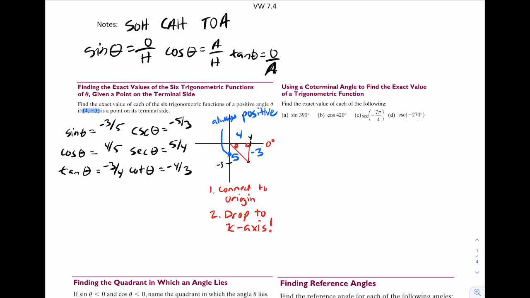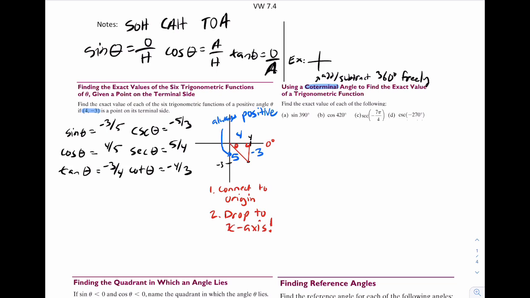Now for our next part, it says using a coterminal angle. So highlight coterminal angle here. I'll give you an example. The idea of a coterminal angle is that you can add or subtract 360 degrees freely.